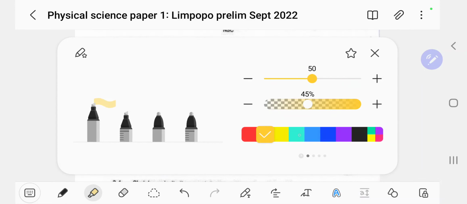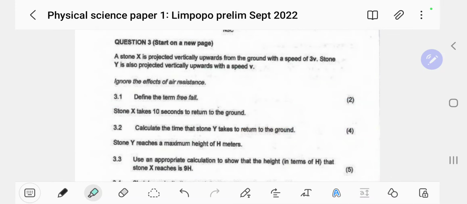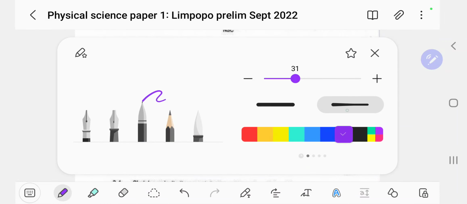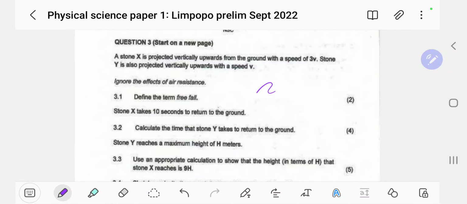Okay. Just get another color there so that we can have a bit of flavor. Now, we are told here stone X is projected vertically upwards. So this is projectile motion, right? From the ground with a speed of 3v. Normally a sketch is an important issue. So you may want to say, well, there's my ground. When they don't provide a sketch, do yours.